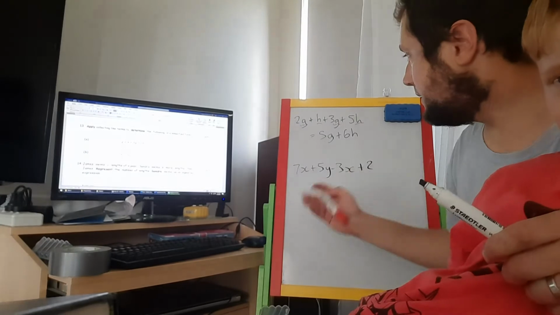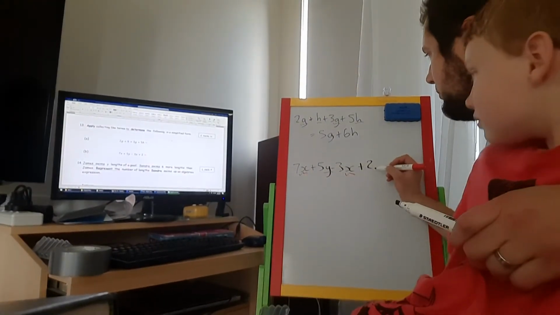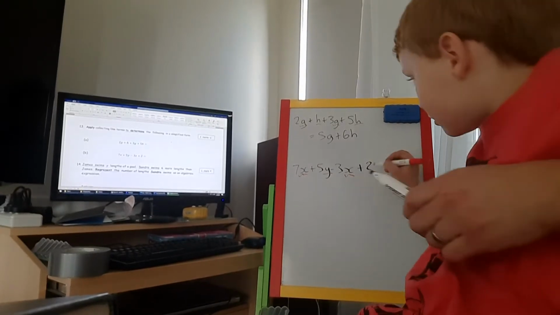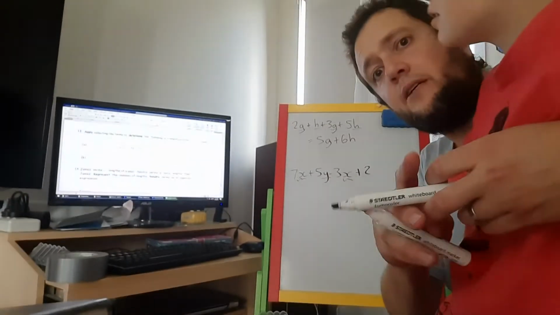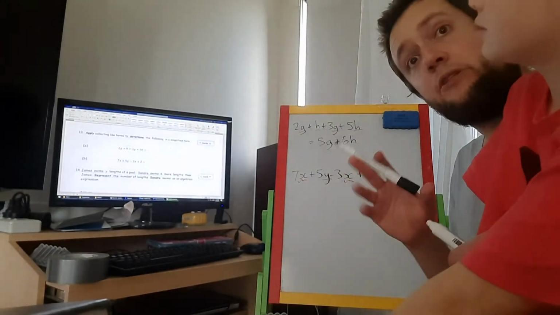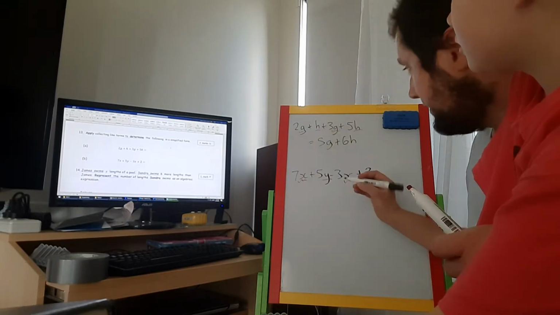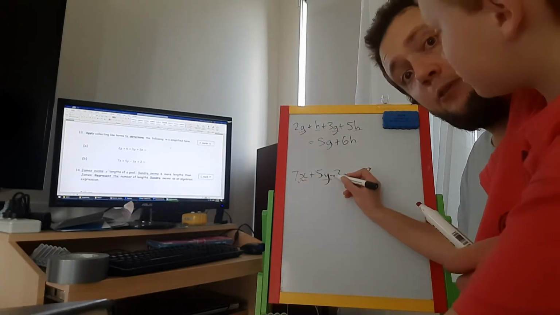Second one here, we've got stuff with X in it. We've got a Y and we've got something with no algebra at all there, just a 2 on the end. That can't be combined at all. The other important thing to remember when you're dealing with algebra at this level is negatives always belong to what follows it. So you see that negative sign there, the takeaway sign?